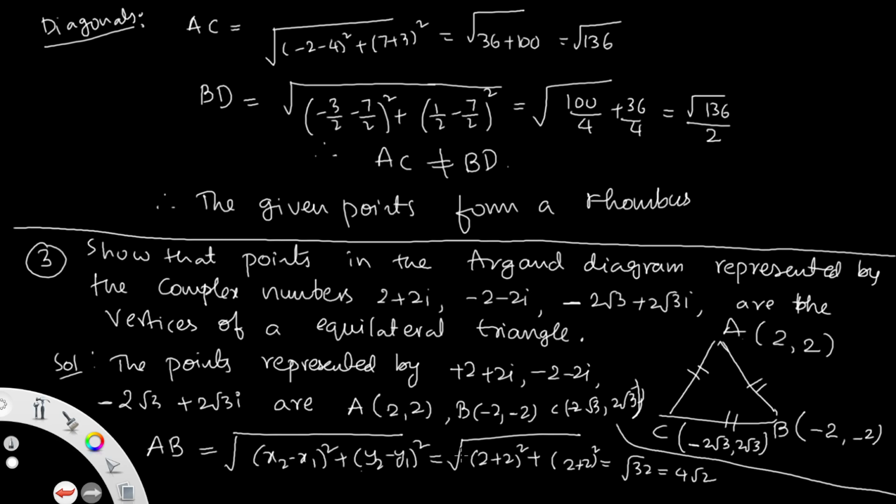Therefore the points are A of 2 comma 2, B of minus 2 comma minus 2 and C of minus 2 root 3 comma 2 root 3. Now we need to prove that the AB distance, BC distance and AC distance are equal. Simple thing. I am going to the next page.